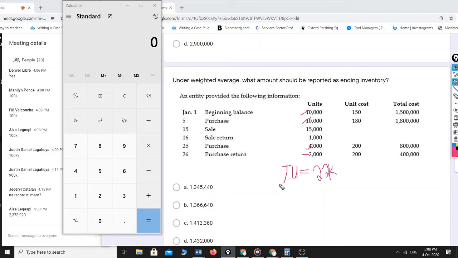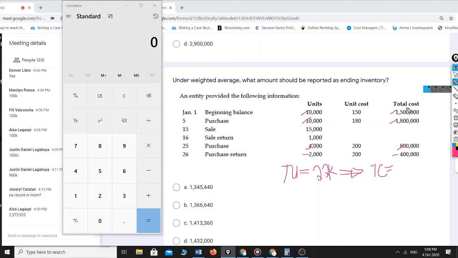Pila may total cost or pila tong nabayad aning 22,000 ka units. So, our total cost for this, of course, the 1.5 million plus the 1.8 million plus the 800,000 and less the nga gi-return. Of course, di na nimo to baryan, gibalik nimo.